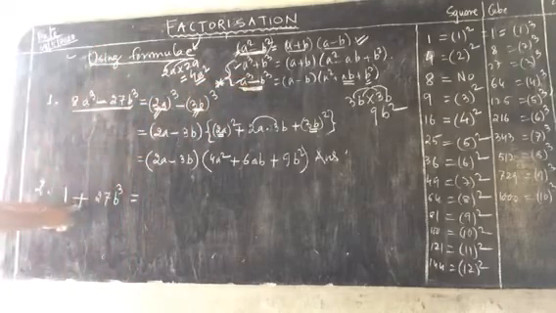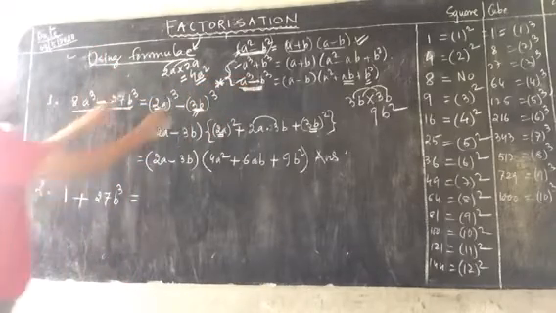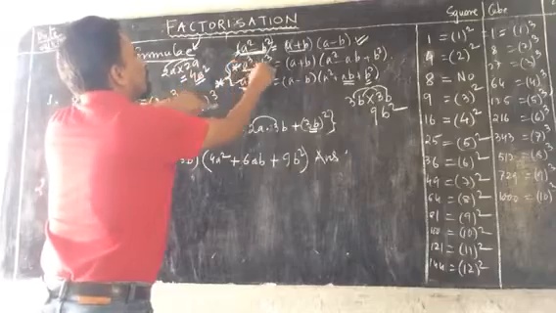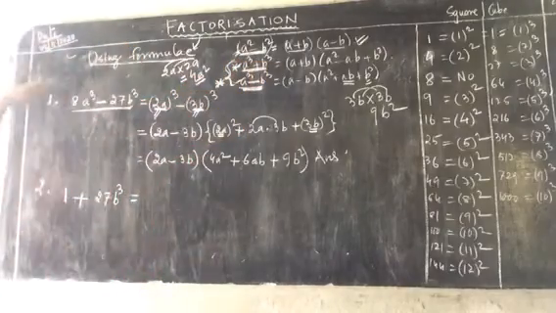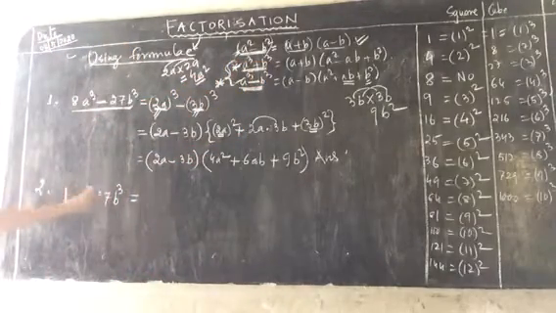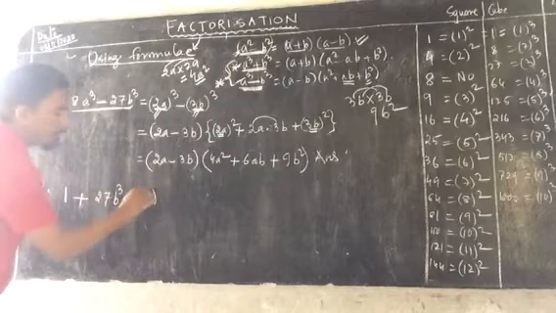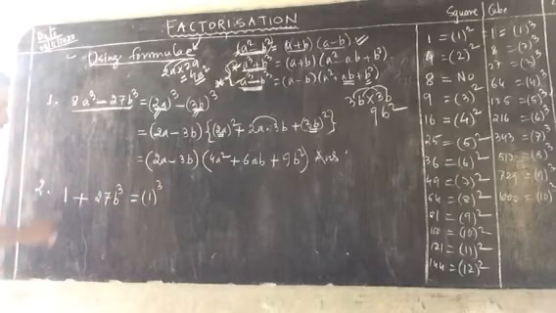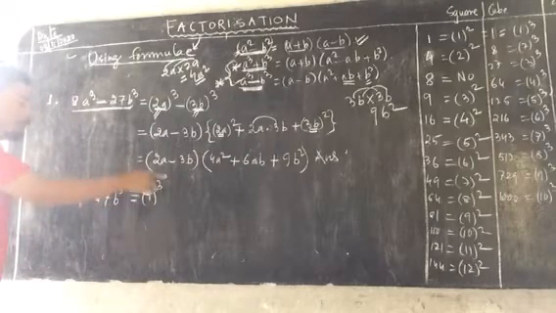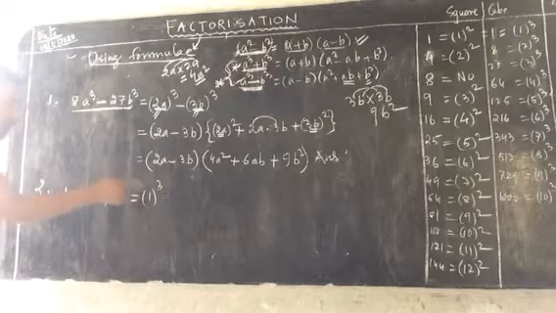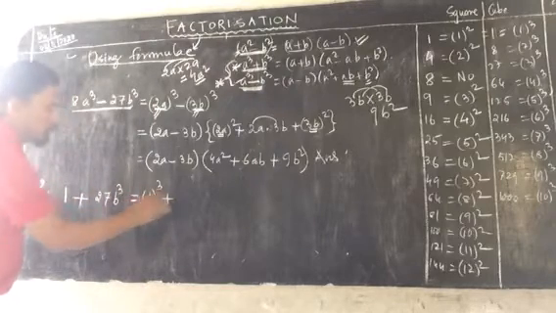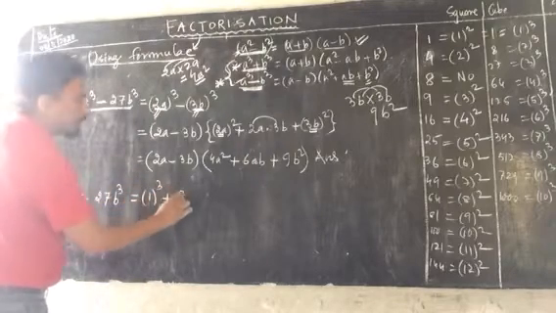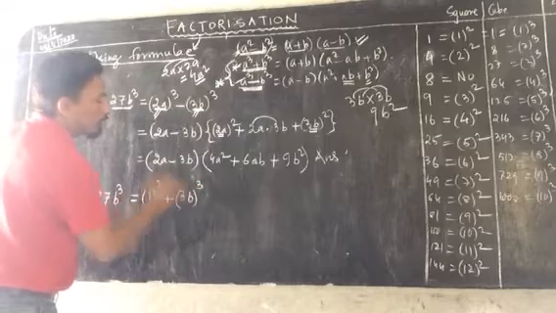Now what sign is here now? Plus. Now this will be expressed into this form, a cube plus b cube. So 1 can be written as 1 cube, and 27b cube can be written as 3b cube.